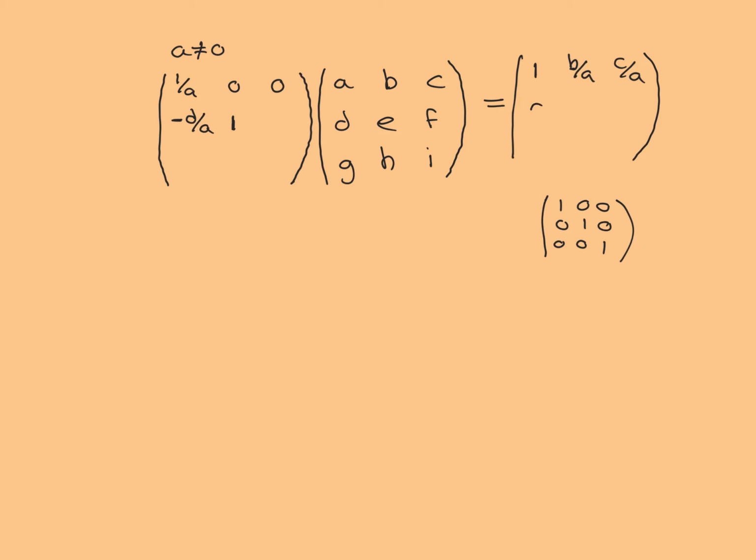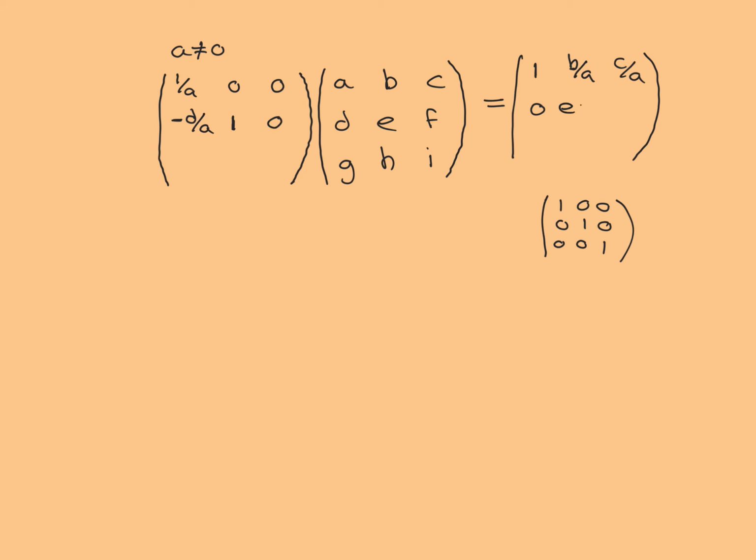So that's guaranteed to give us 0 here. What we're going to get then in the second two bits is going to be much more complicated. By the way, we don't want to fiddle around with the third row, so we will take 0 lots of the third row. So we're just 1 lot of the second row minus D over A lots of the first row. So what will we end up with here?